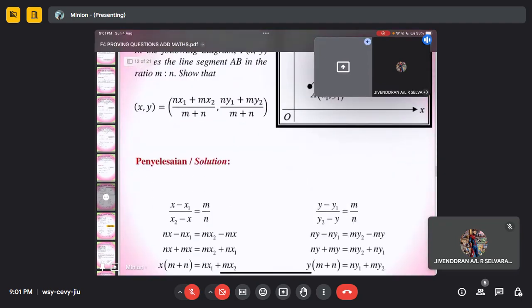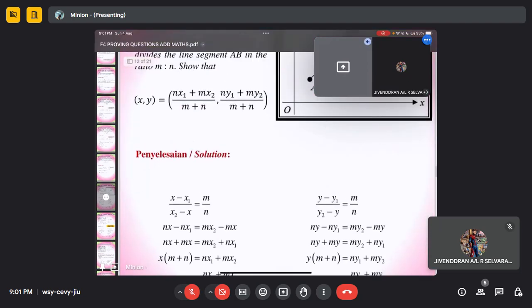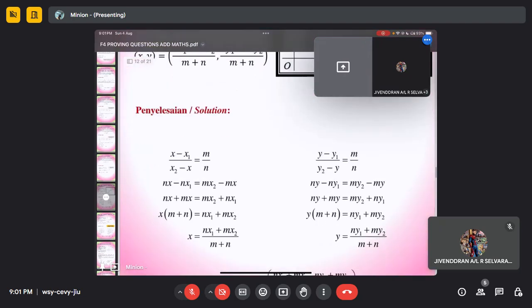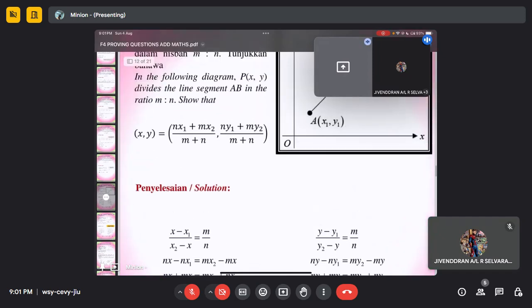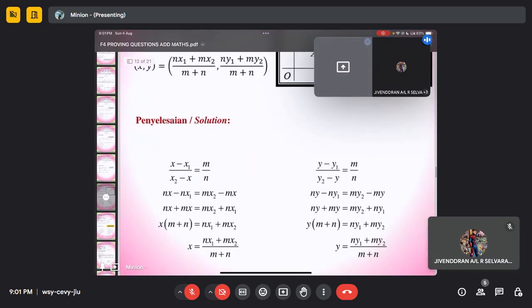So it's basically the proving, right? When you see the midpoint P, there are also two points A and B, and in the middle there are m and n. I'm sure you guys know the midpoint P, it will be helpful for this chapter.